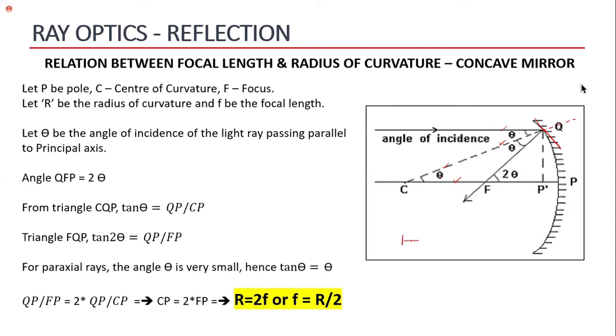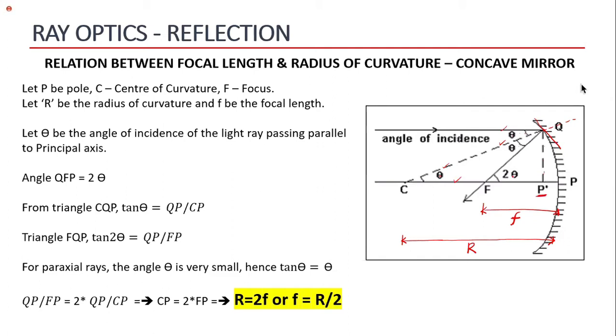I know the radius of curvature is the distance from your center of curvature to the pole, and your focal length is from the principal focus to the pole, right? Now see, from here, I am dropping a perpendicular to the principal axis. Call it P dash.